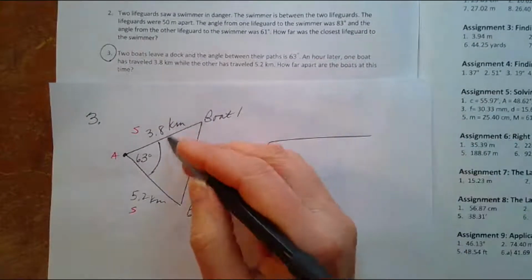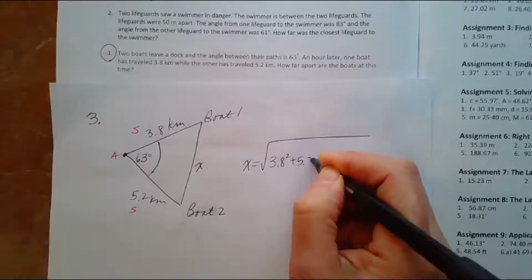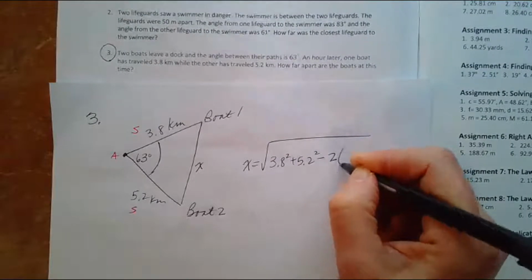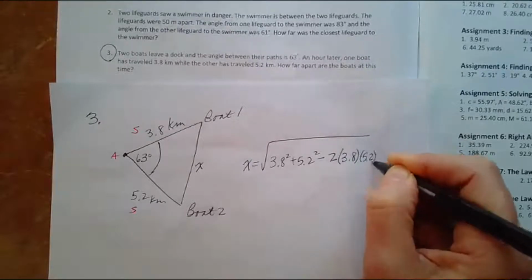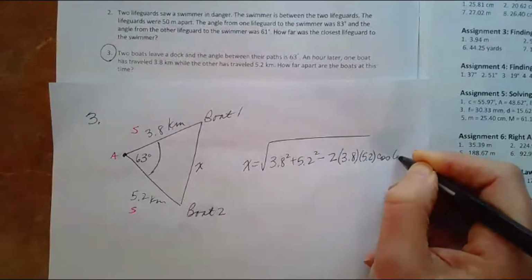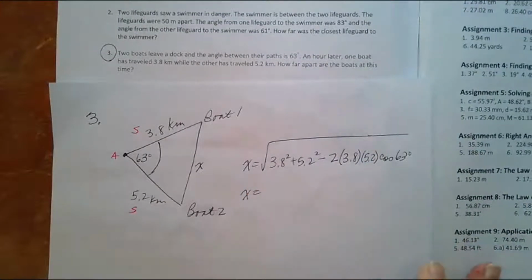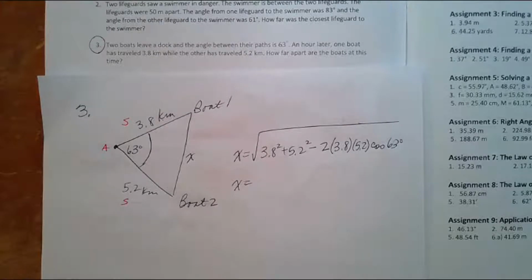I take the sides, square them, and add them up. Then it's minus 2 times the sides themselves, no squaring here, times cos of 63, and that's it. Basically, solving for a side with the law of cosines is just testing if you can substitute the values into the right place.